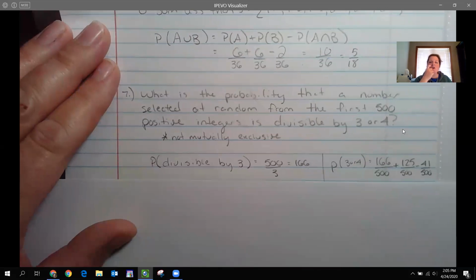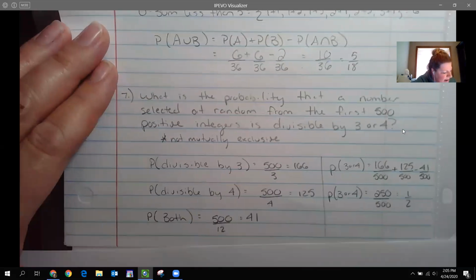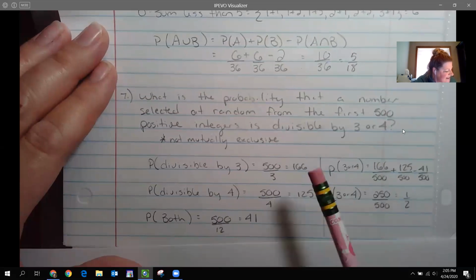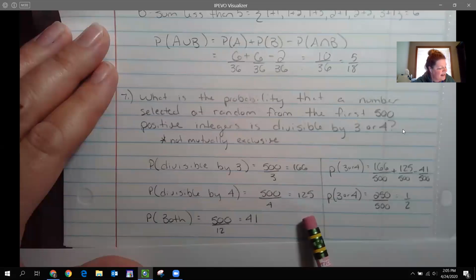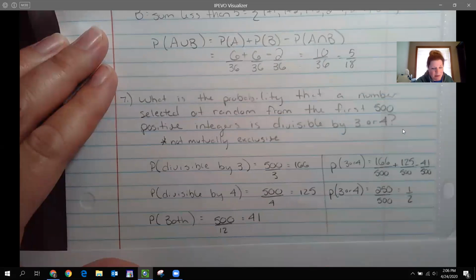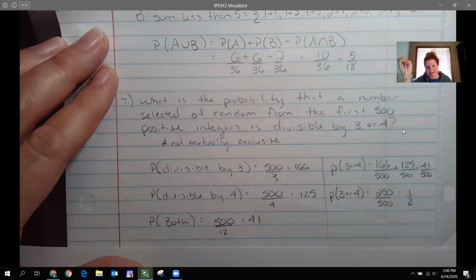There were a couple ways to think this one through. To be divisible by 3, there's 166 numbers divisible by 3. Divisible by 4, there's 125. But then divisible by both, we can find by dividing by those being multiplied.